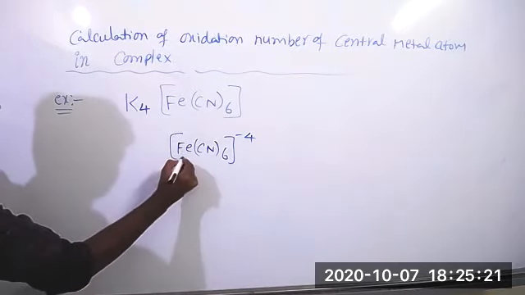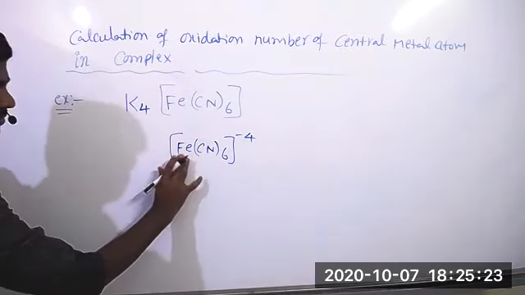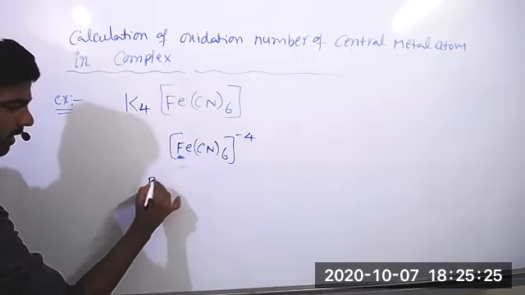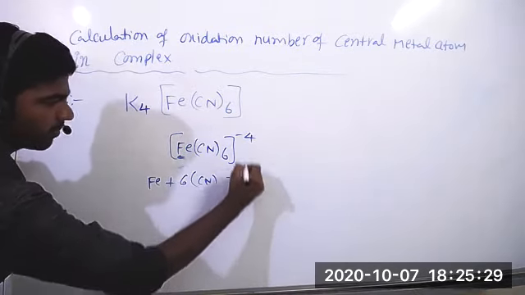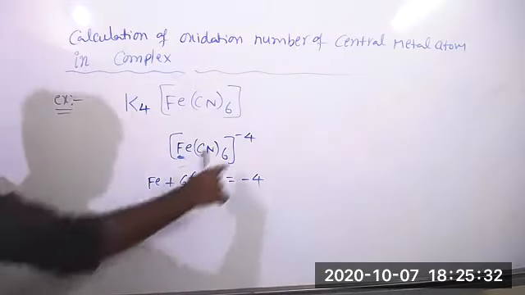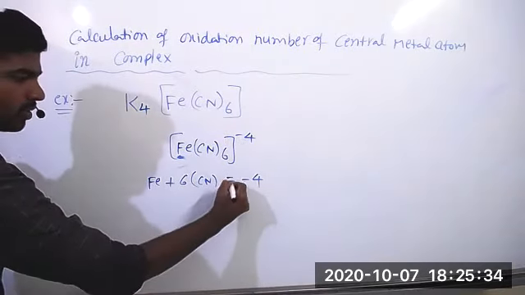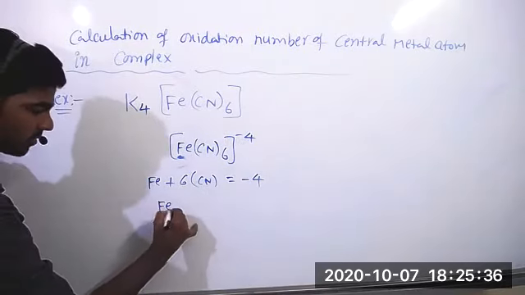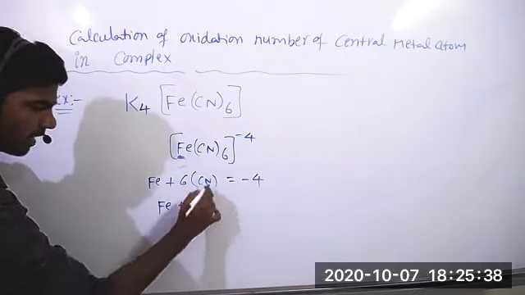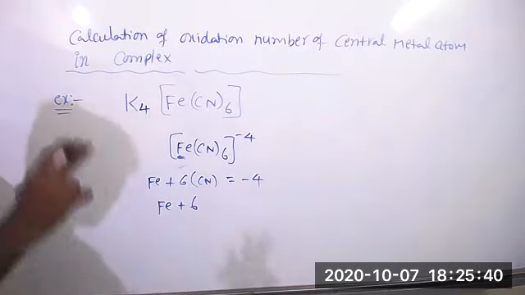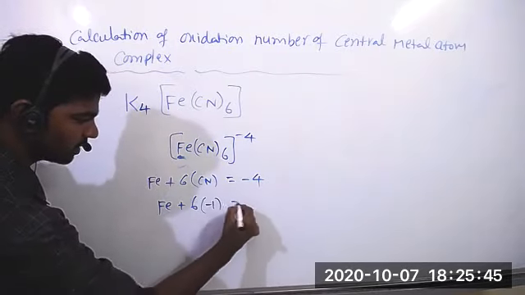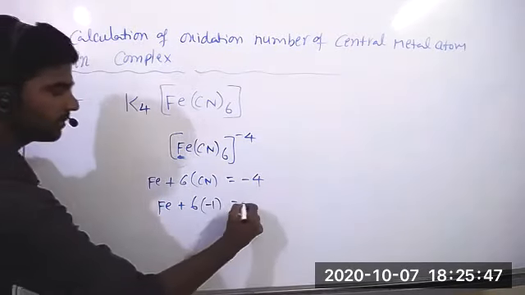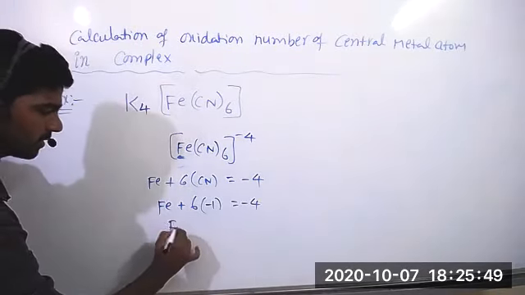Now we have to calculate the oxidation state of iron. So iron plus 6 cyanide ions equals -4. Cyanide carries how much charge? -1. So Fe is equal to -4 plus 6.